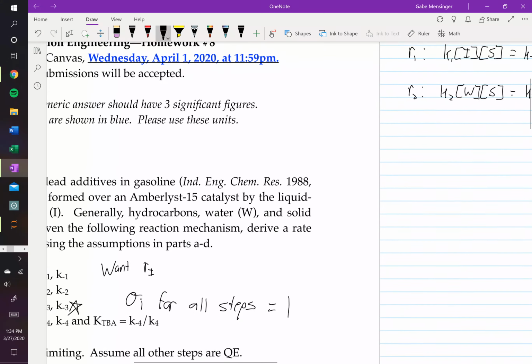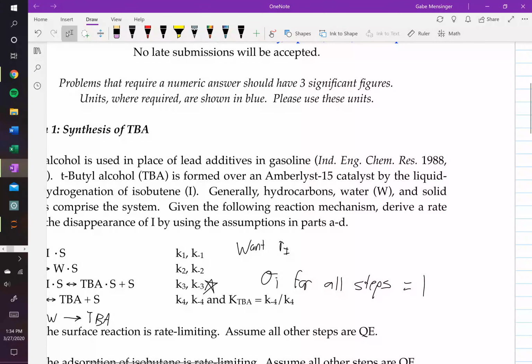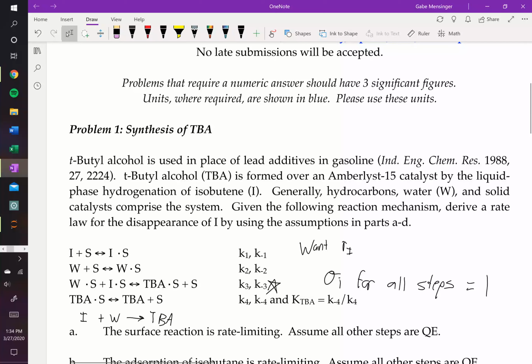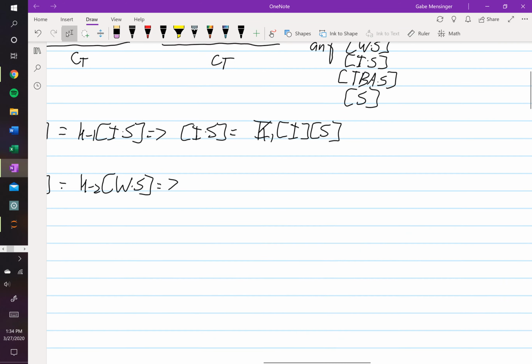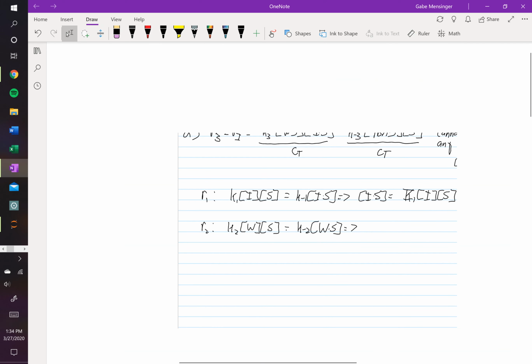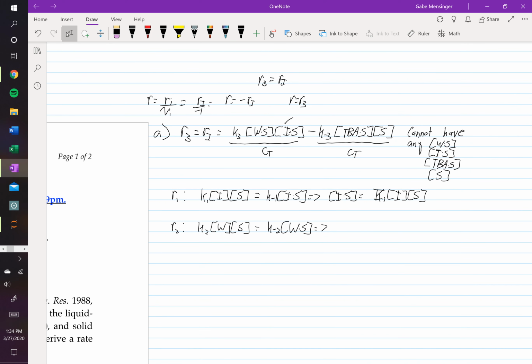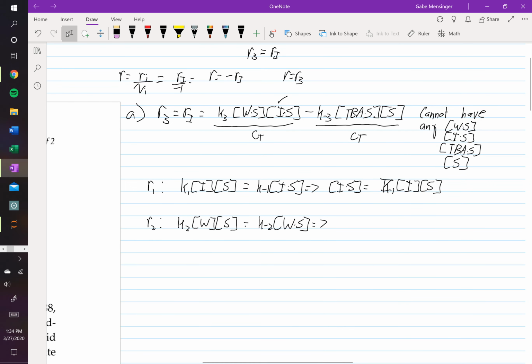Again, this is because we are told that we can assume all steps, aside from step 3, are QE. So from there, WS is equal to capital K2 times W times S. All right, there's the second one.